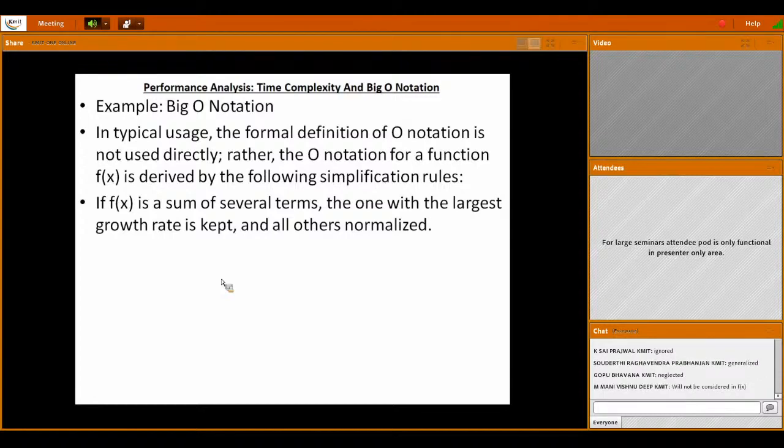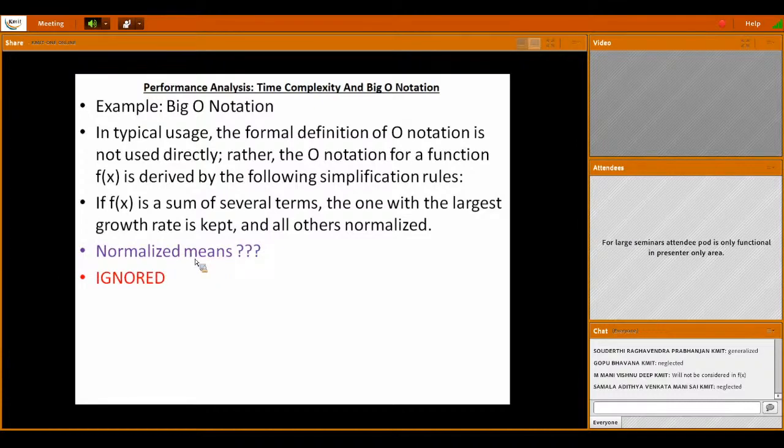Bhavana says it will not be considered in fx. Okay, good. So generally, you are thinking on the right lines. I would have been happier if the names which I called had responded. Neglected, right. Correct. So normalized means what?